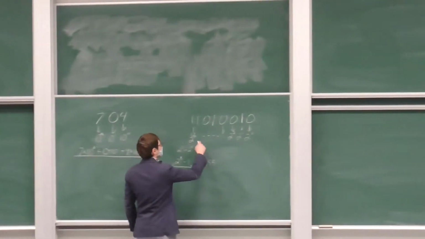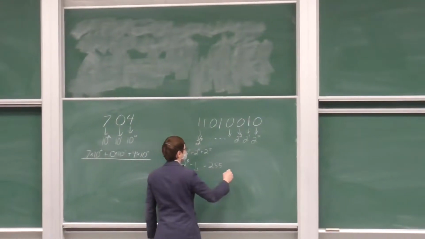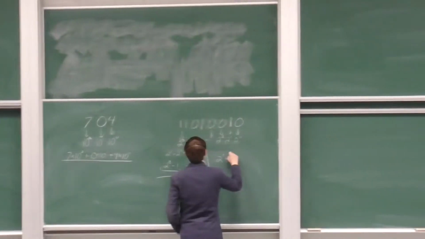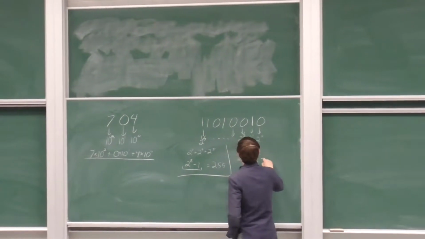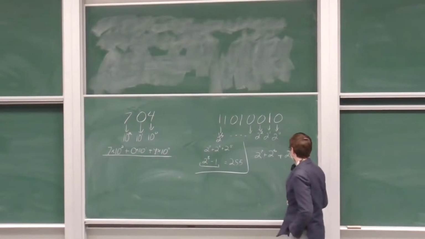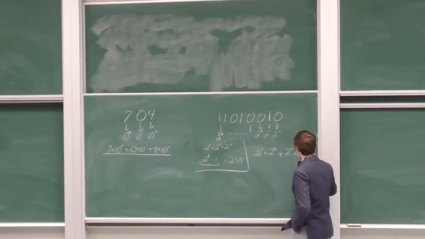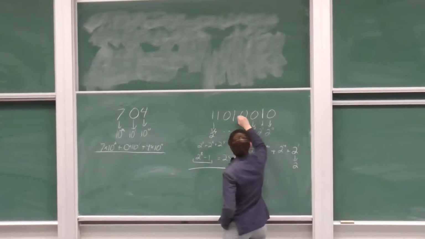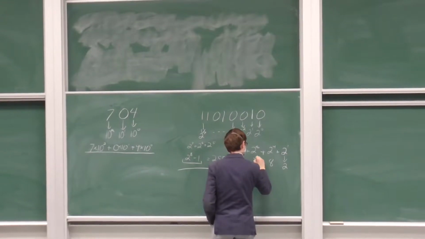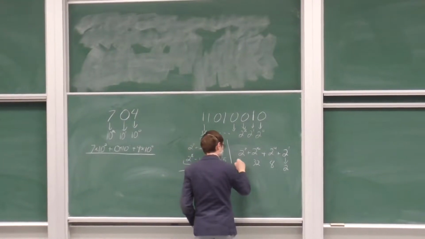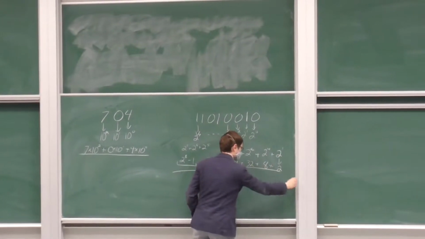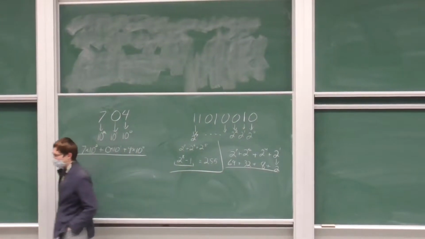So in this case, it would be 2 to the 7 plus 2 to the 6 plus 2 to the 4 plus 2 to the 1. That's 2, 4, 6, 8, 16, 32, 64. And if you want to enter that into your calculator, you'll get the correct answer.